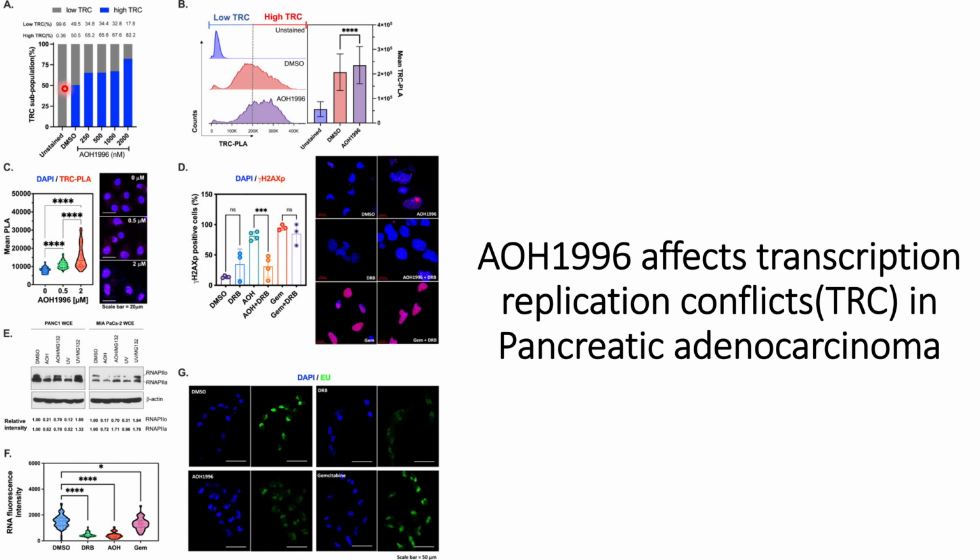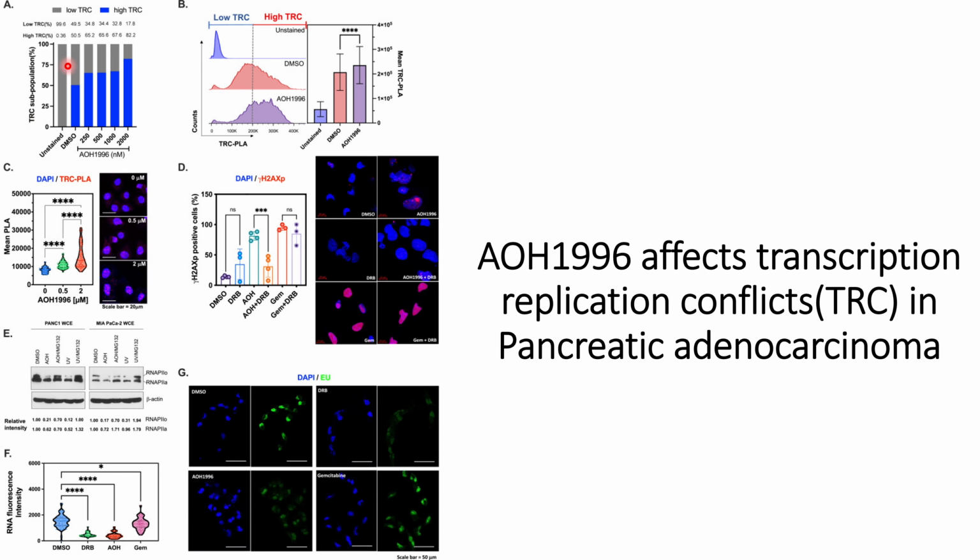They are checking the distance between RNA polymerase II and PCNA, that is proliferating cell nuclear antigen. When they are close to each other, there is a higher probability of transcription replication conflict. When it is less than 40 nanomolar, then there is more chance of TRC.